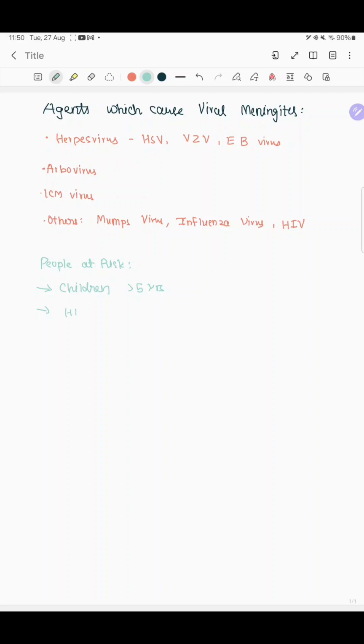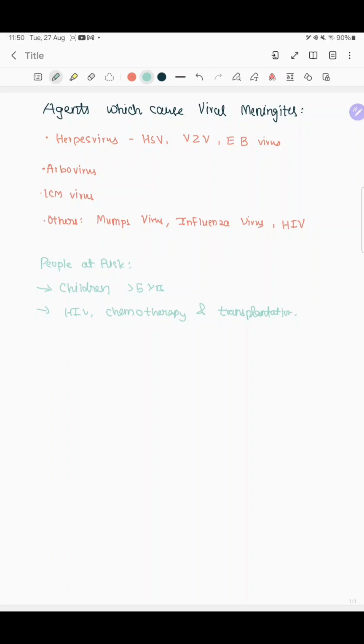So HIV patients, patients going through chemotherapy, or those who have undergone any organ transplantation.